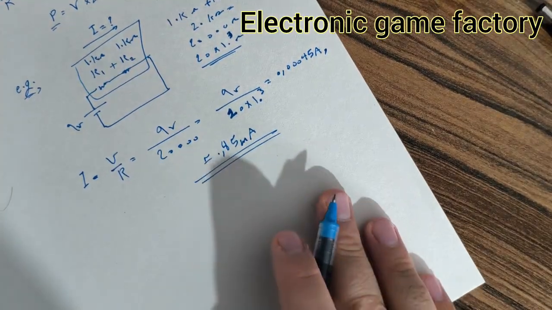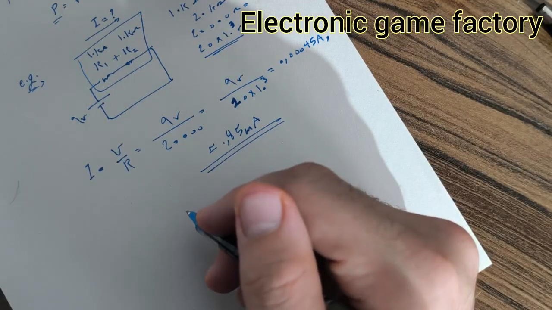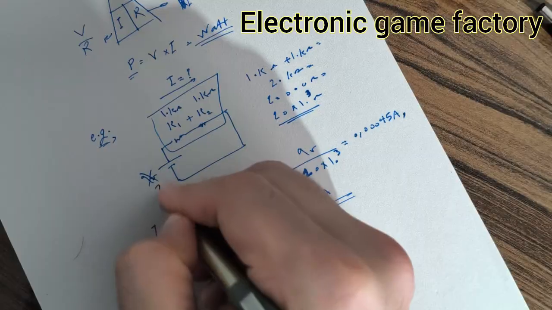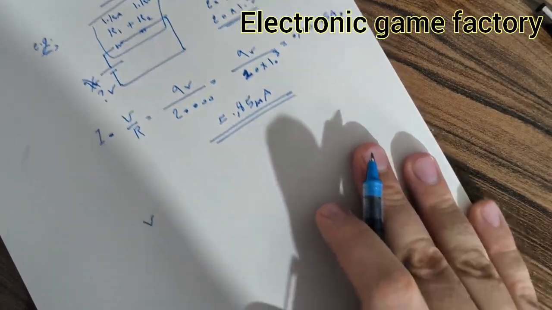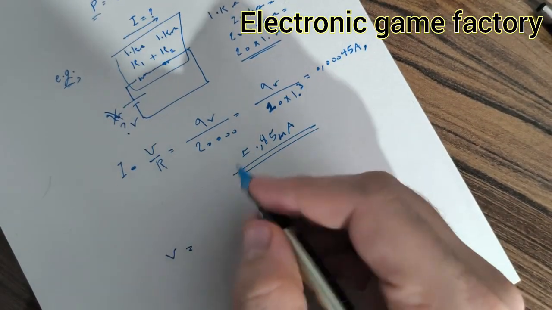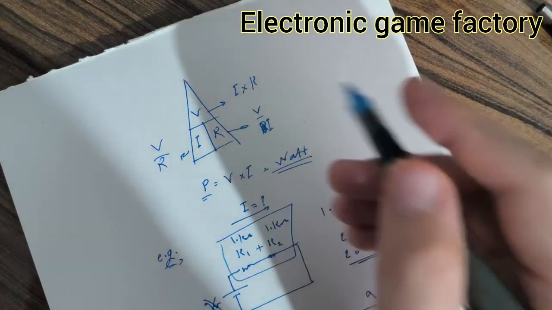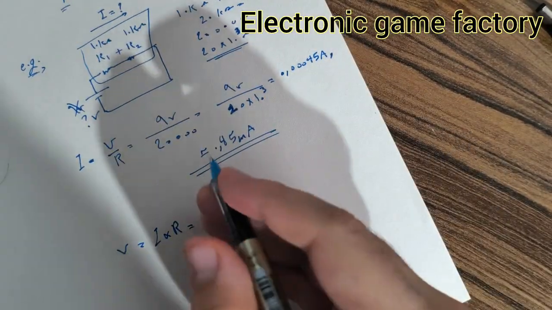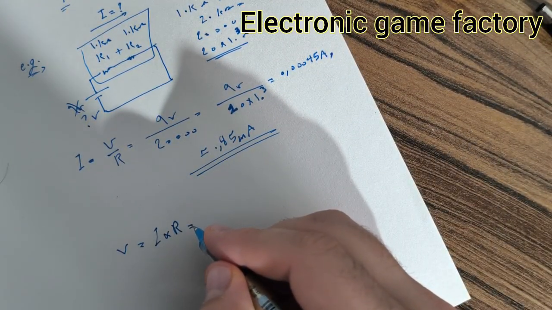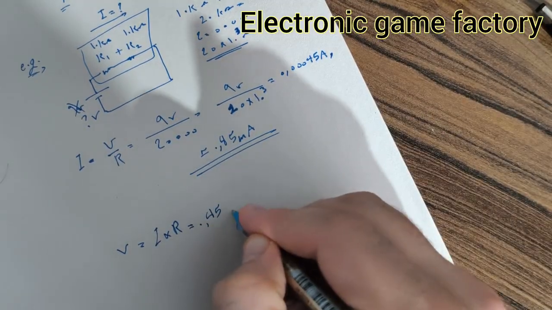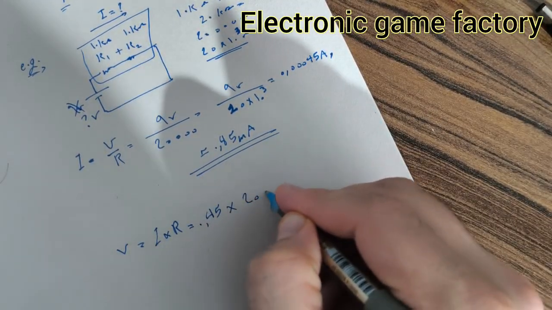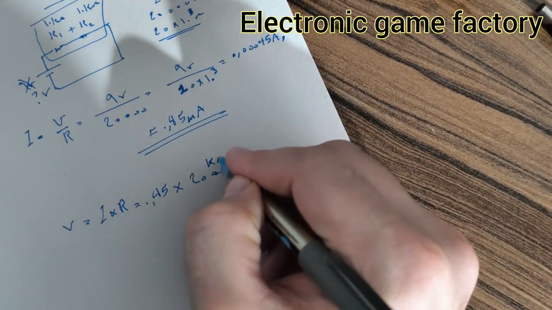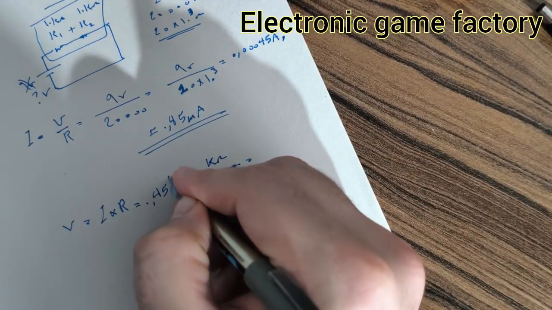What do we want for the next? Maybe we can calculate the voltage. For example, we don't have this one and this is unknown. So in this way we can calculate the voltage. V is I times R. So we have 0.45 milliampere times R, which is 20 kilo ohm.